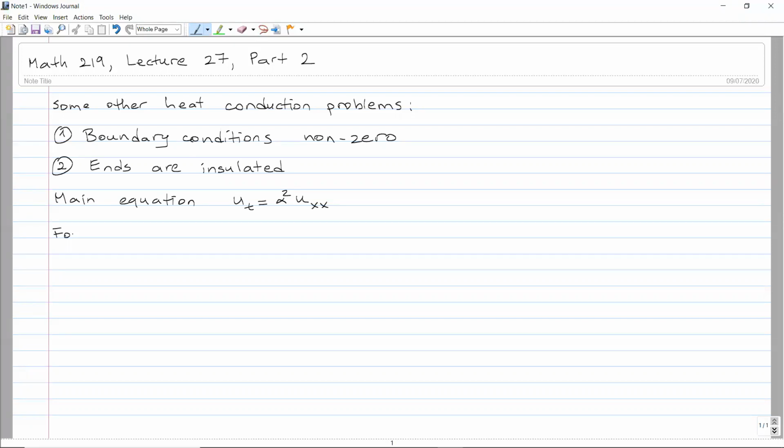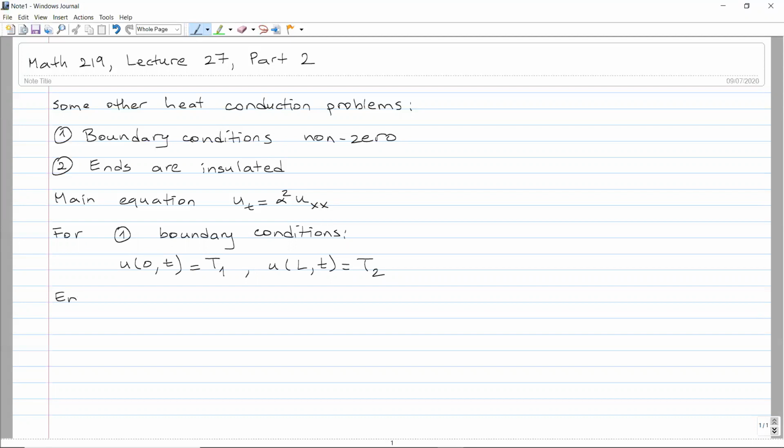So for the first problem, the boundary conditions: at the end where x equals 0, it is going to be kept again at constant temperature, but not 0, some temperature T1. And at the other end, the temperature is going to be T2.